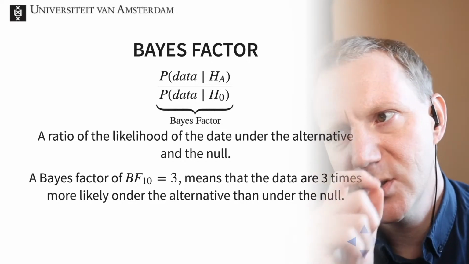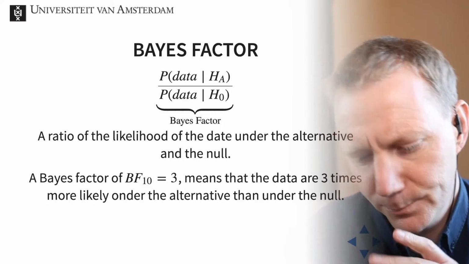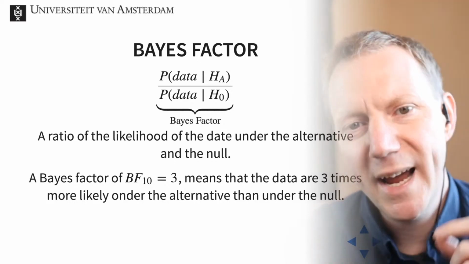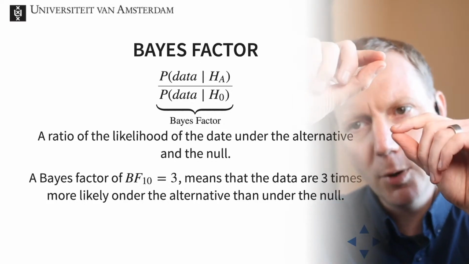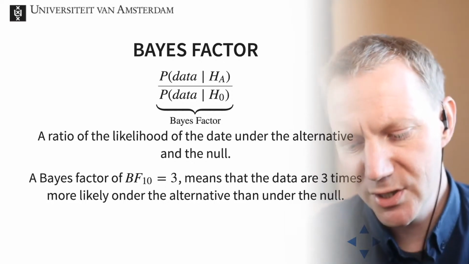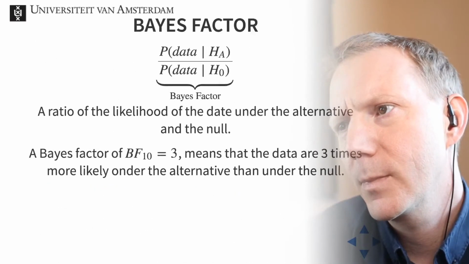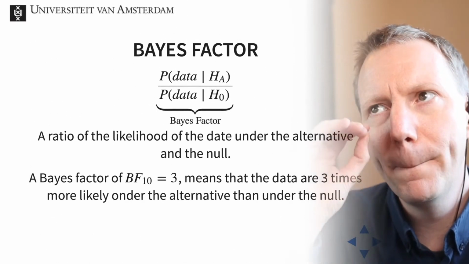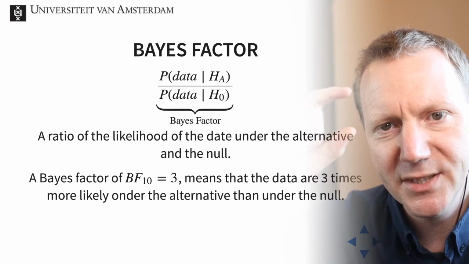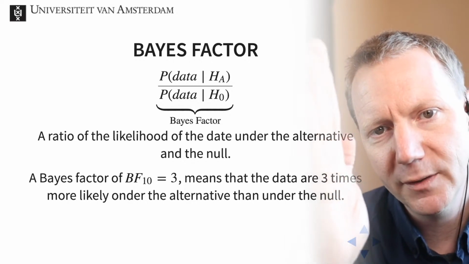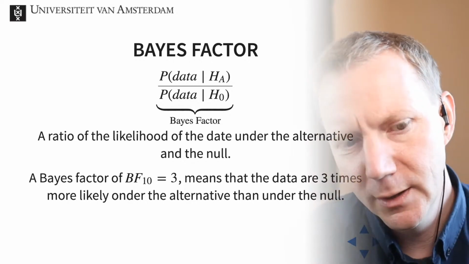That sounds a bit strange, but what you're actually doing is comparing those two distributions in terms of the ratio between the two at the specific point of theta being 0.5.